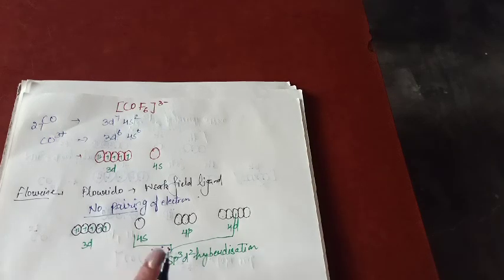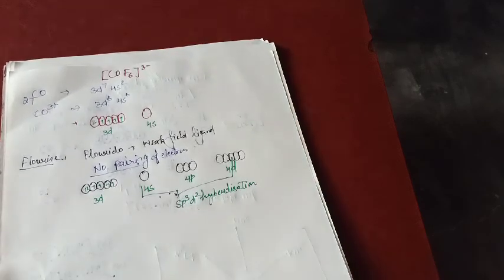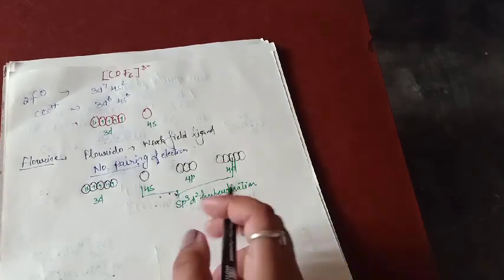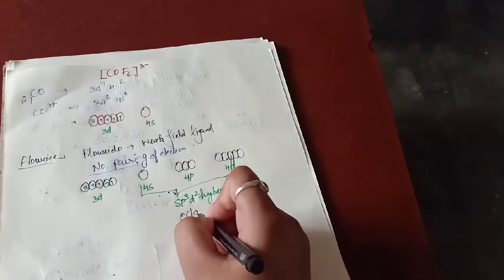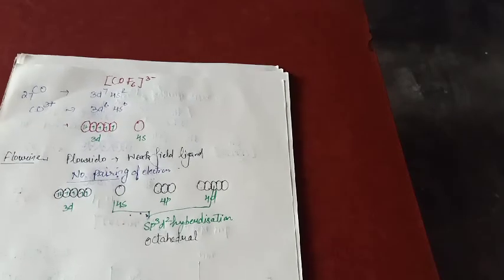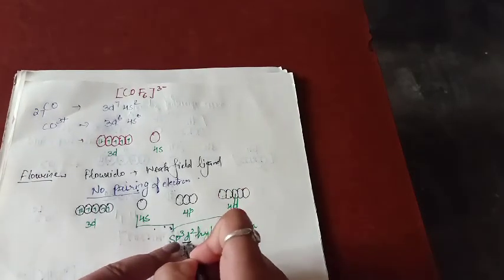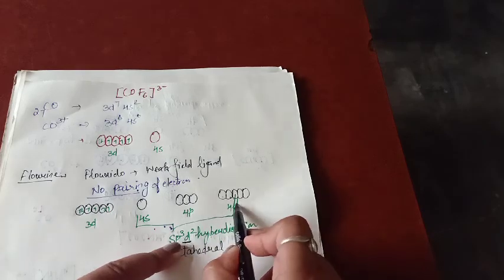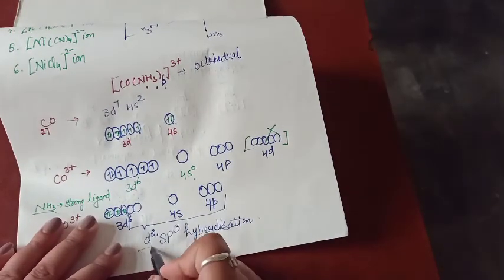Now if the hybridization is sp3d2, what will the geometry be? Octahedral. The geometry remains the same, octahedral, but the difference is that the d orbital involved here is the outer one, whereas in the last complex we discussed, the d orbital involved was the inner one.